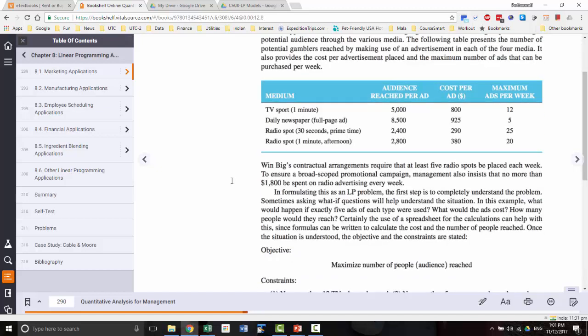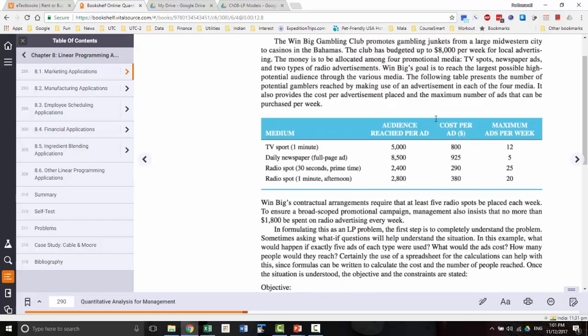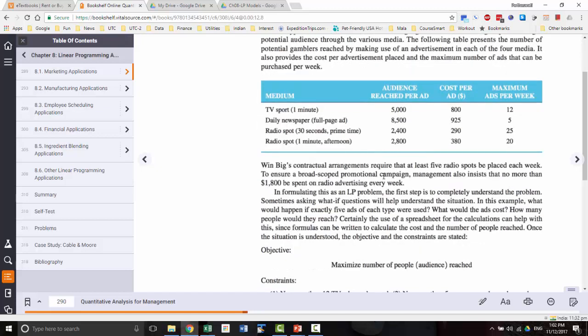We need to stay within the budget, but what we want is to reach as big an audience as possible. That is the objective.